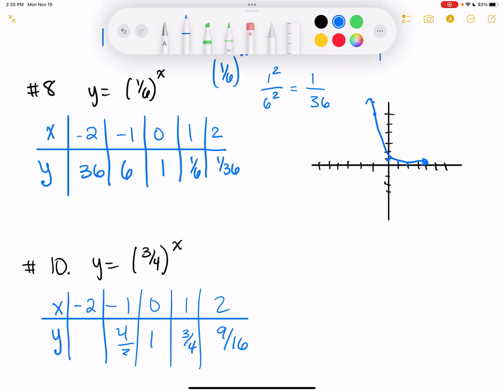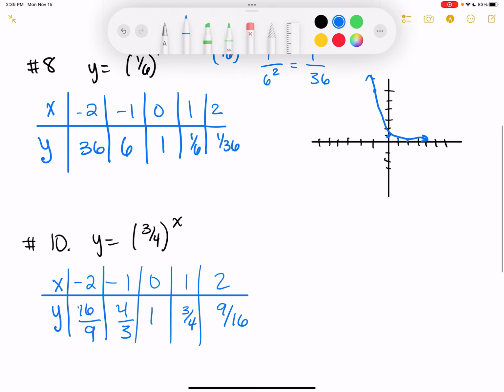And -2, 16/9. At -2, this is a little less than 2.